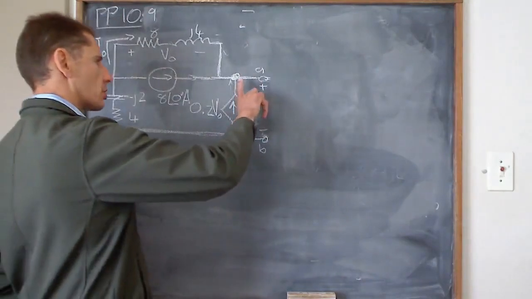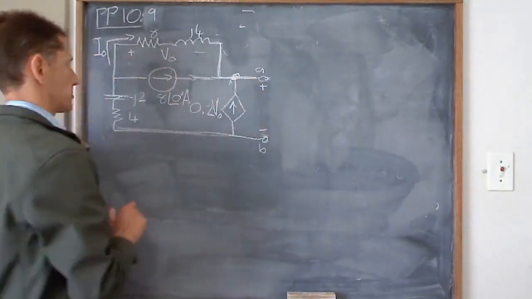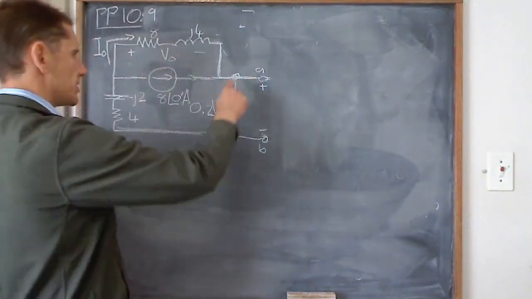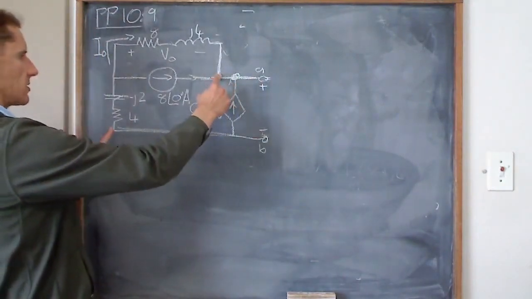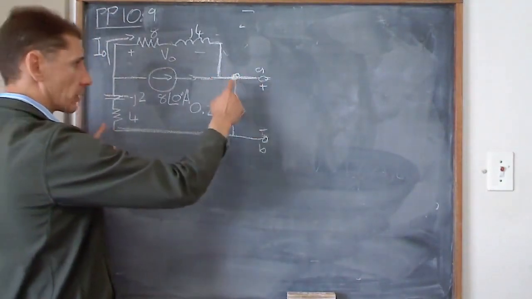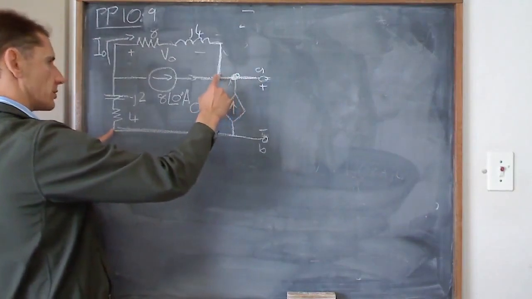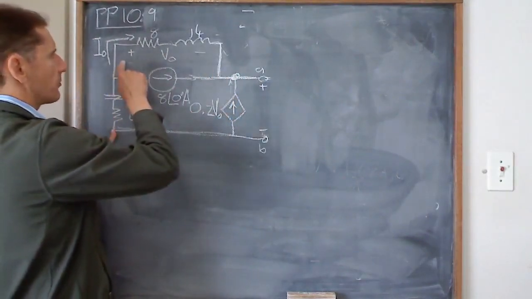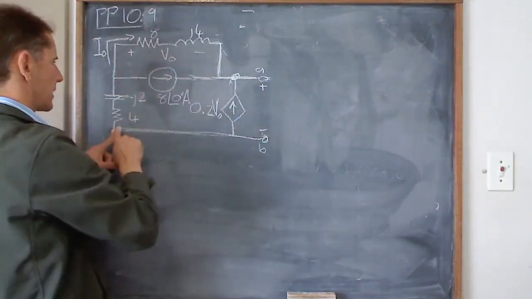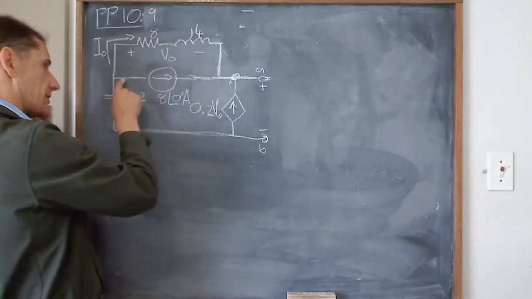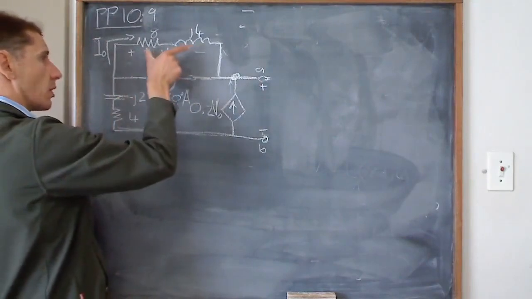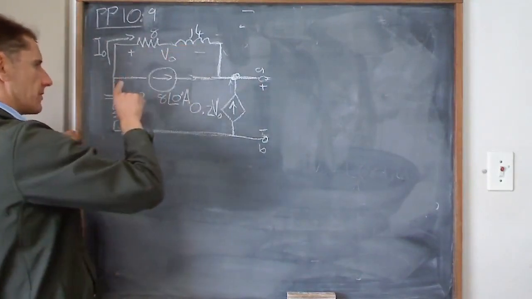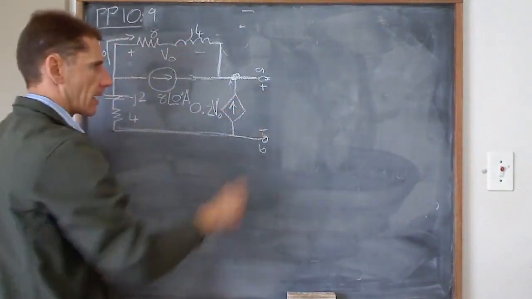I want the voltage across these two terminals, which is the same as the voltage across these two points. So if I can find this current and calculate the voltage drops across, if I can get V out and this voltage, I'm going to have VAB.